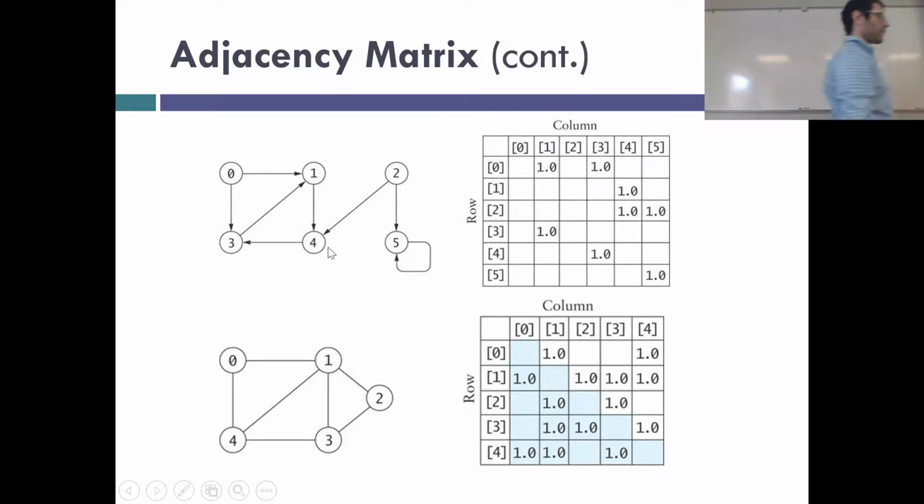So one of the questions on your final exam will be: given this adjacency matrix, please give me a graph that represents that. So, please draw the graph that we get from this.